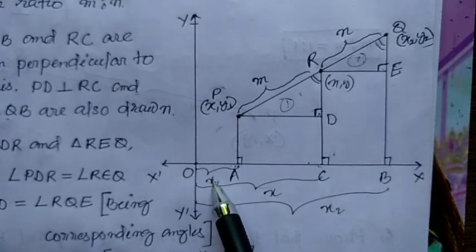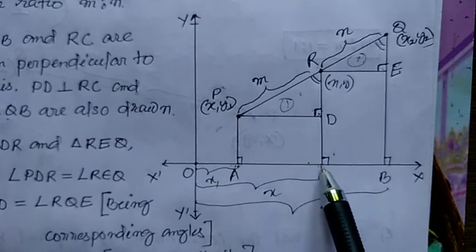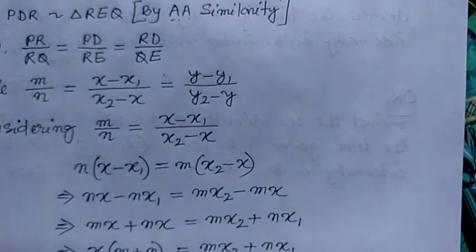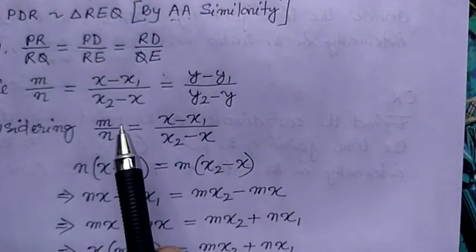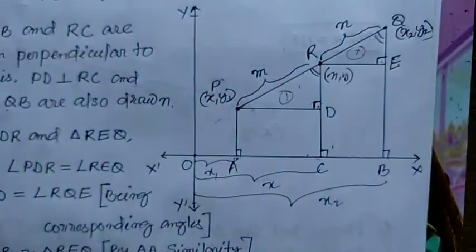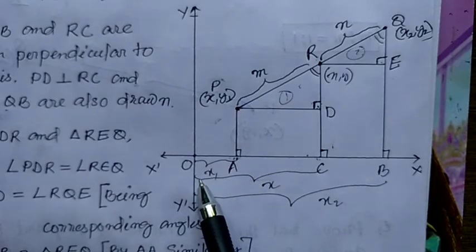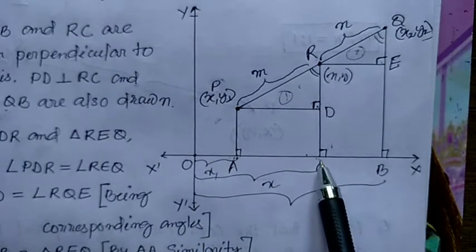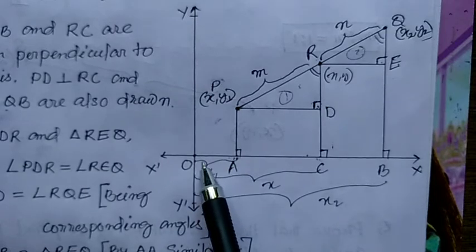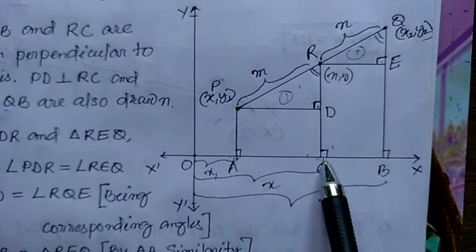Then if we subtract x1 from x, we get this AC, which is PD. So if you look at the step, you can see PD is written as x minus x1. Again, I repeat here, x is from this origin to this C, and x1 is from O to A. So if we remove this x1 from x, we get AC.